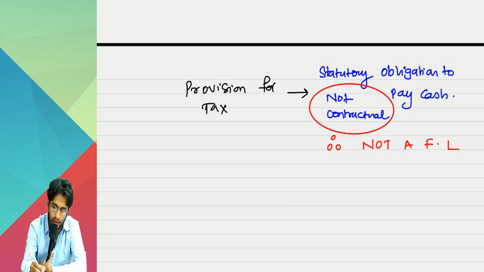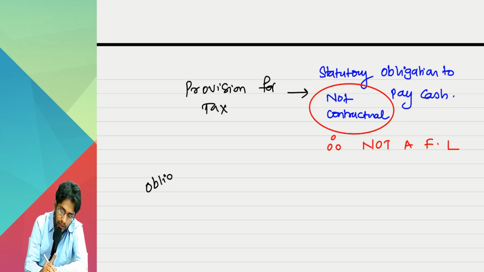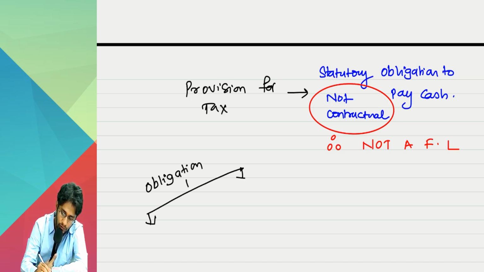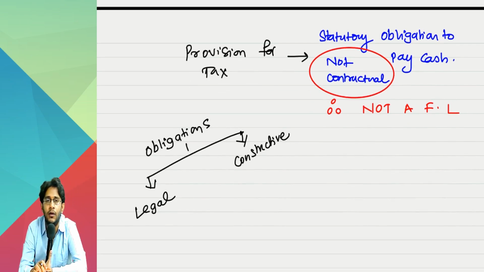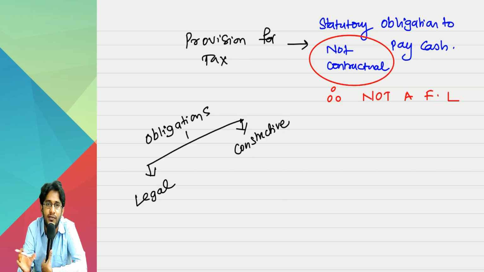Now, observe the linking between Ind AS 37 and 32. Obligations, sir, legal, constructive. Restructuring provision is a constructive obligation. Your obligation to refund money to dissatisfied customers based on your own past practice is a constructive obligation. You made a promise to people that you will rectify the damage caused by you to the river nearby, constructive obligations.